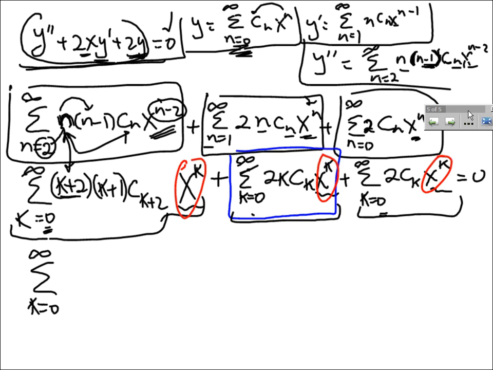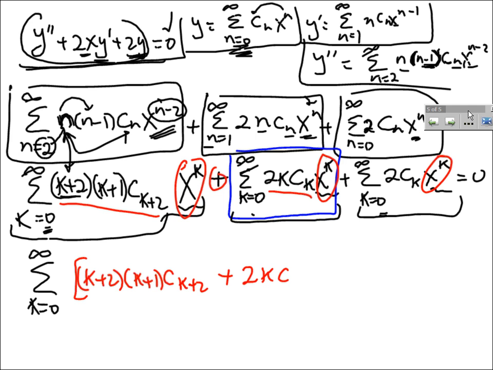Okay, so I can factor that out. So I'm going to have this number of x to the k's, plus that number of x to the k's, plus that number of x to the k's, and that equals 0.